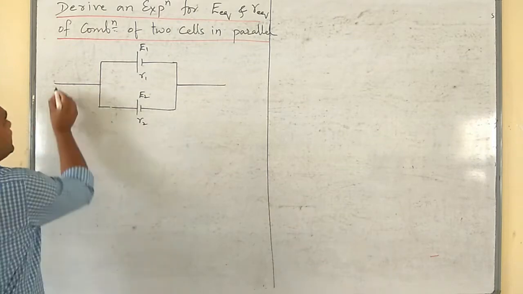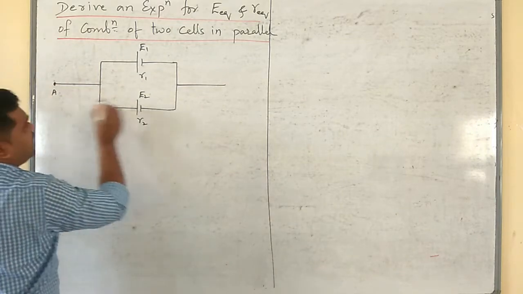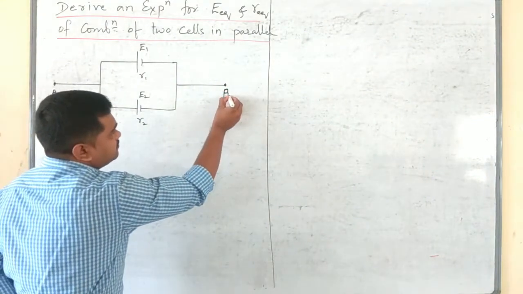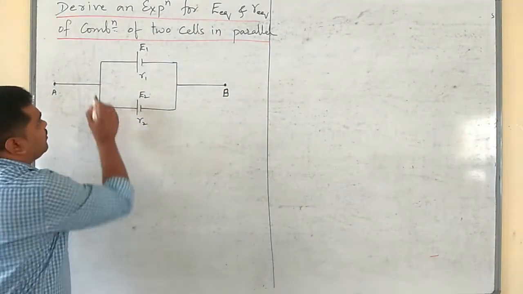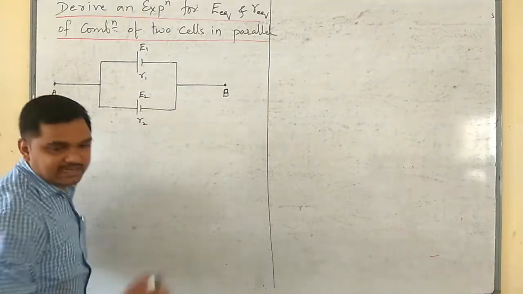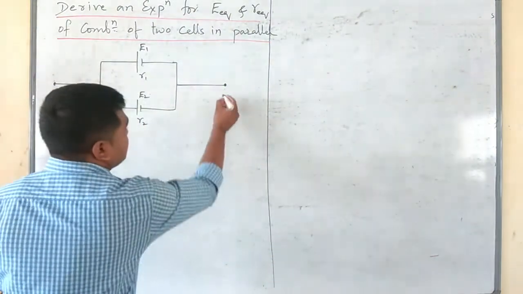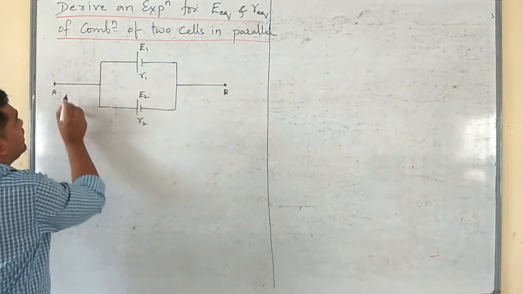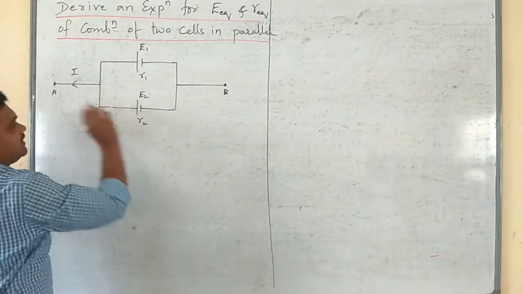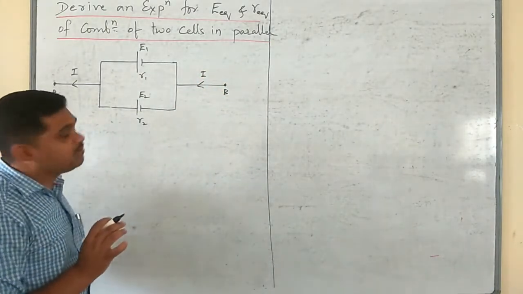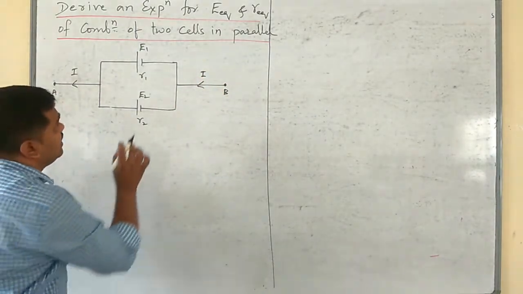For my convenience, I will call this point A and this point B. Let I be the total current flowing through the circuit containing these two cells.